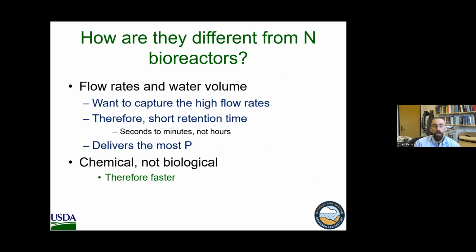Therefore, you have to build structures that have a short retention time. Retention time, we're talking about seconds to minutes, not hours. Your nitrogen bioreactors have several hours of retention time because they're removing nitrogen biologically. Again, we want to handle the high flow rates because that's what delivers the most phosphorus.